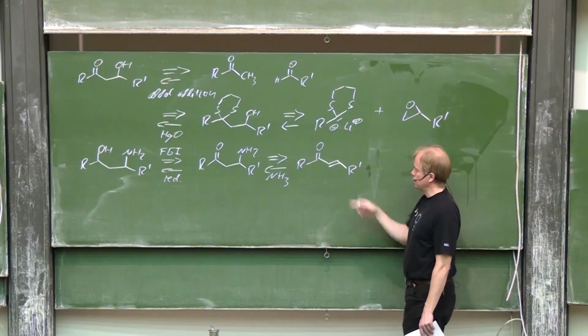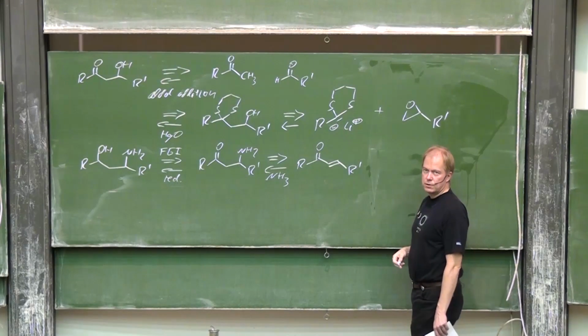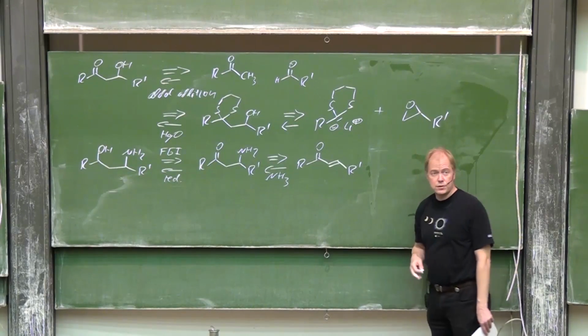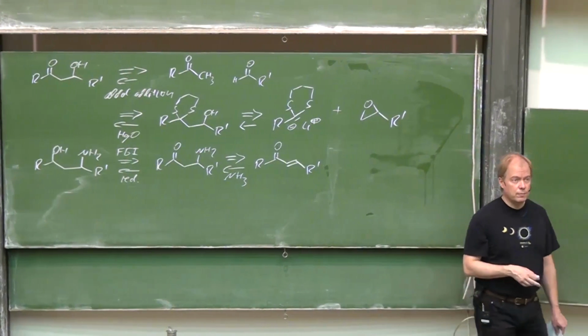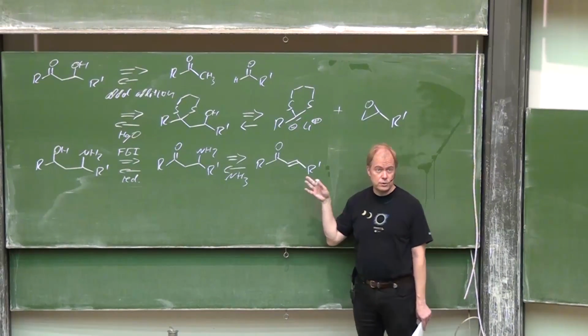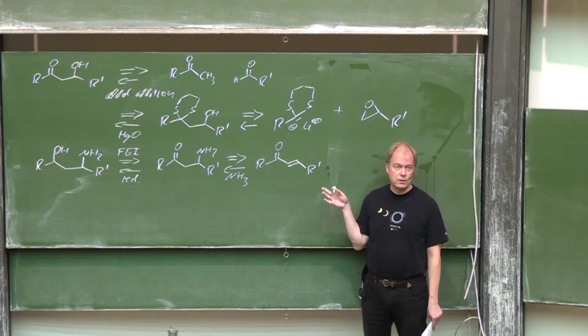So, and this obviously seems to be an aldol condensation product, but not necessarily. There are other methods to set up an alpha-beta unsaturated ketone like that.